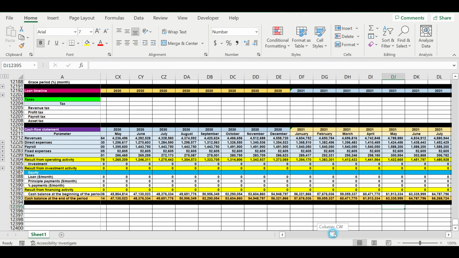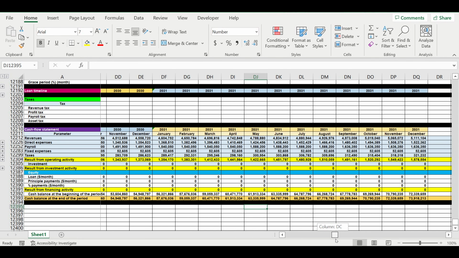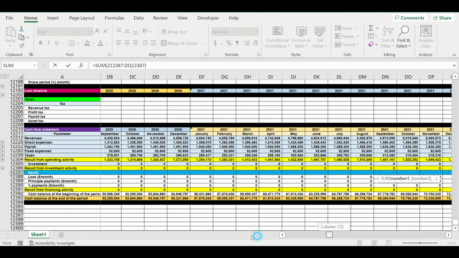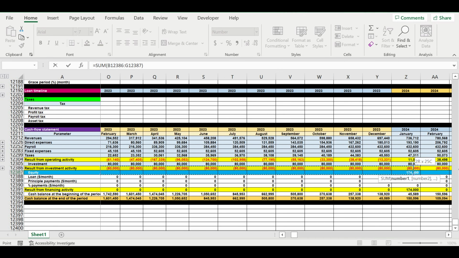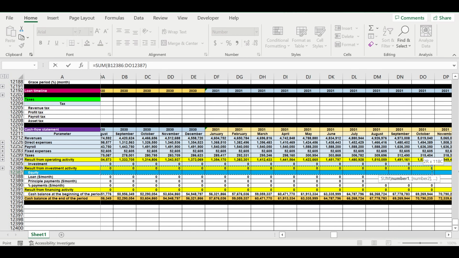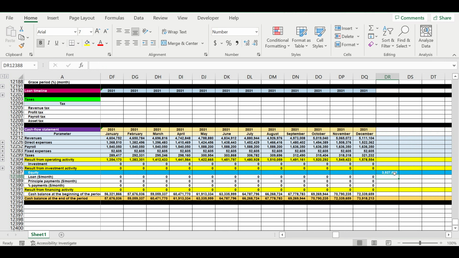And now we can go to the right, to the end of timeline, create a total. So also you can copy this total and use the total also for a loan.